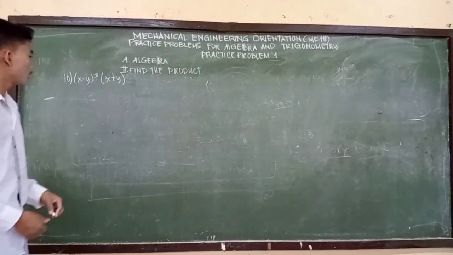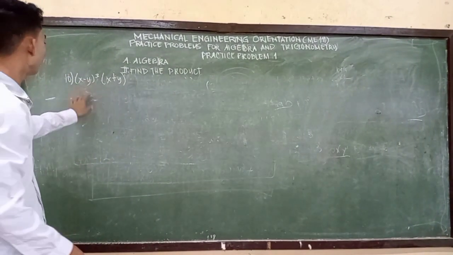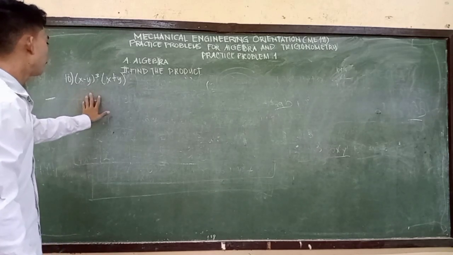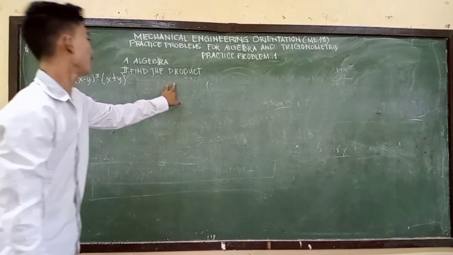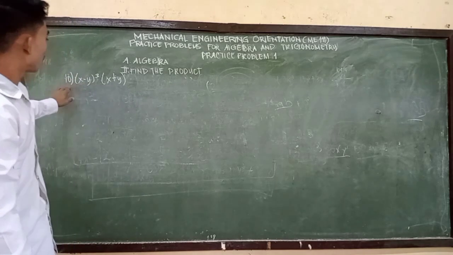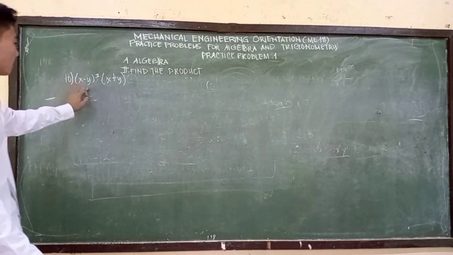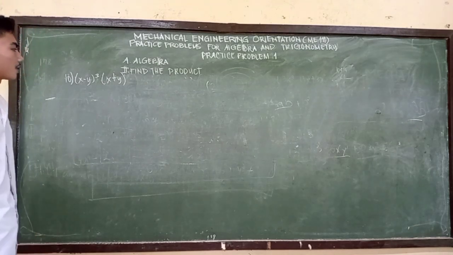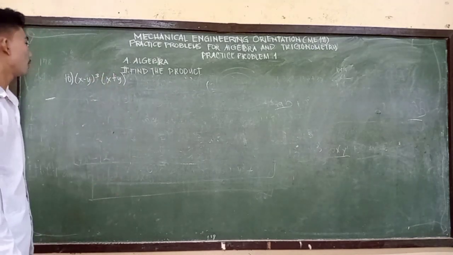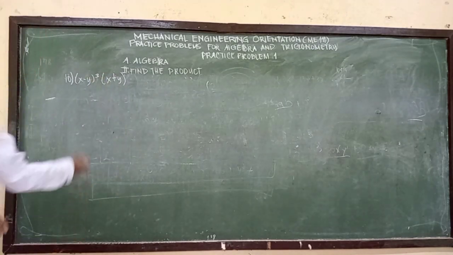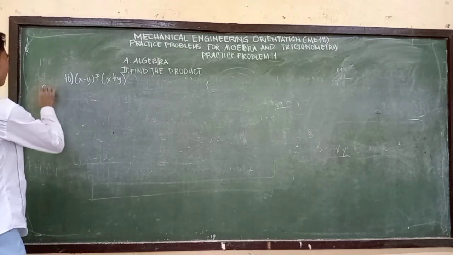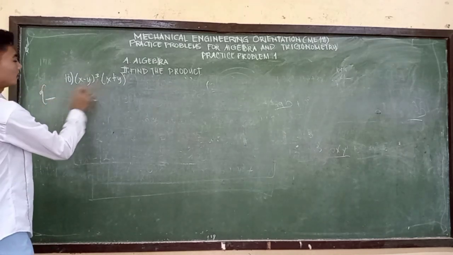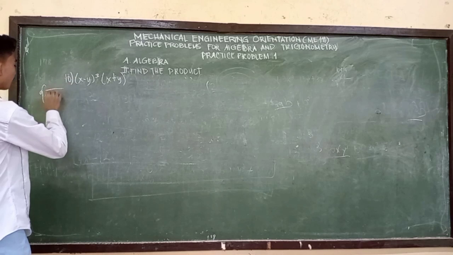Okay. So now we are here at our final problem in finding the product, which is x minus y cubed times x plus y. So now we will have a braces for this one.